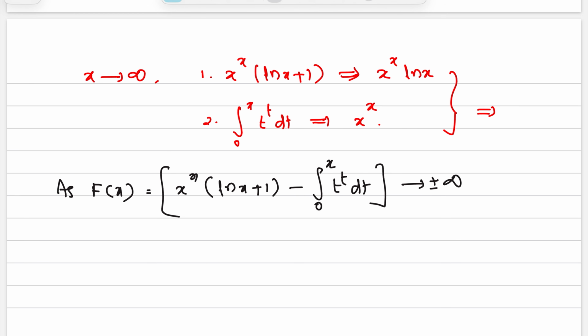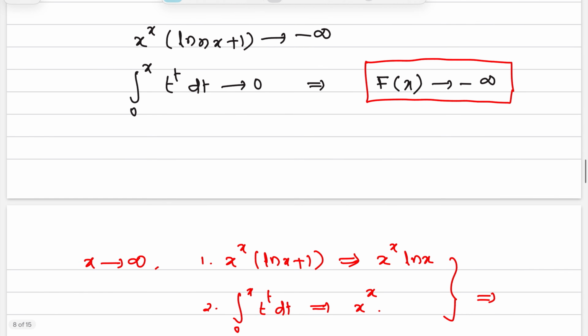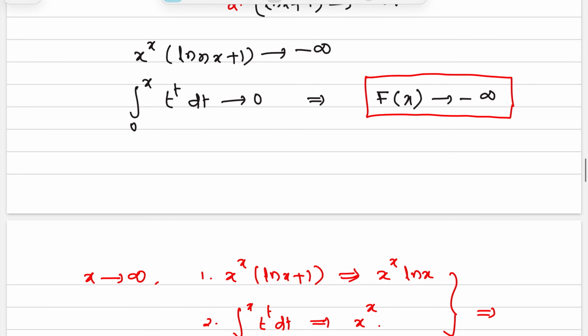That means initially f(x) tends to minus infinity, here f(x) tends to plus infinity.